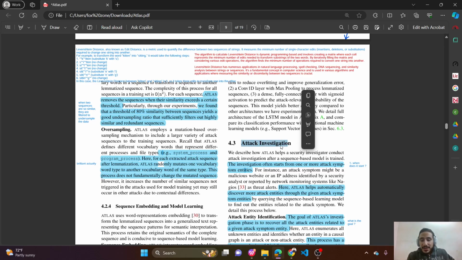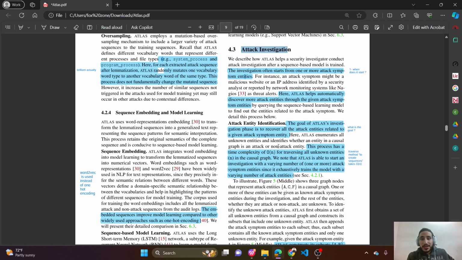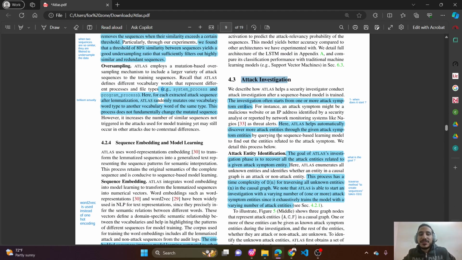And finally, for this section, which is named Atlas, how does attack investigation happen, which is the second component in the overview? Attack investigation happens when an attack symptom entity occurs. So it starts after an attack symptom entity occurs. I have to study the unknown entities around it, and determine which unknown entity is attack and which is non-attack.